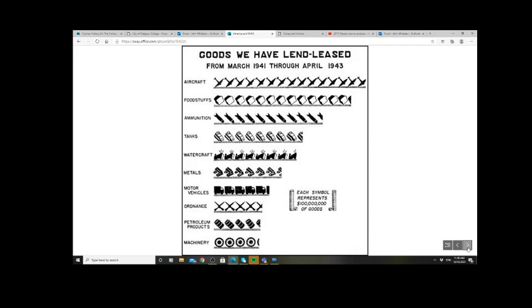Now, how did Roosevelt justify this? He makes a kind of slightly clever little statement where he says, what we have decided to do is to eliminate the dollar sign in our relationships with Britain. And he uses this little analogy. He says, if your neighbour's house was on fire, Roosevelt explained, it would be prudent to lend him an old garden hose to put out the fire before it spread to your house, after which the neighbour will return the hose, or if the hose is damaged, well, replace it.